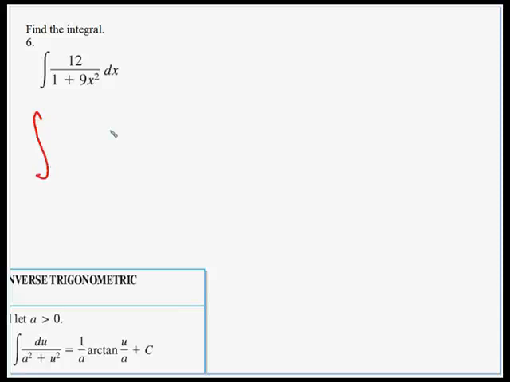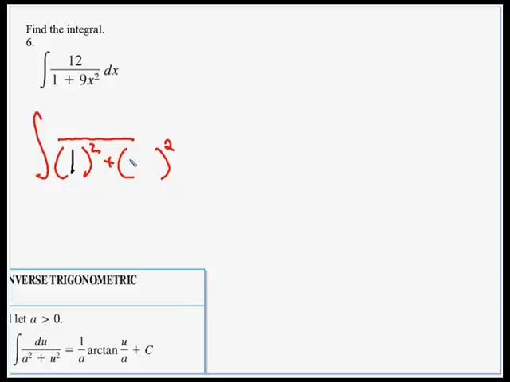So our denominator, we need to break it up into squared things. 1 is 1 squared, plus we need to write 9x squared as a quantity, something quantity squared.